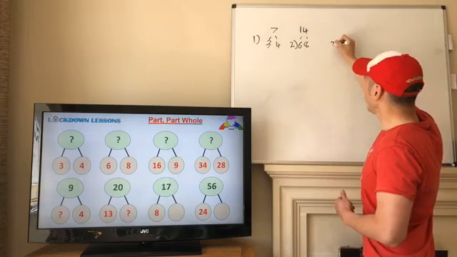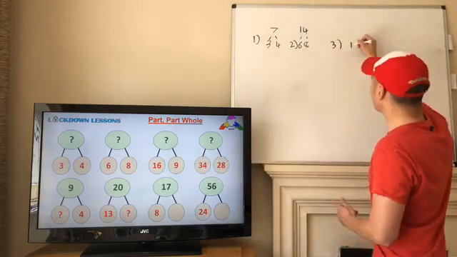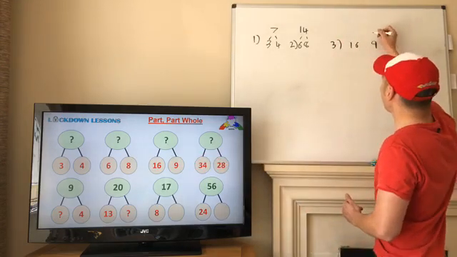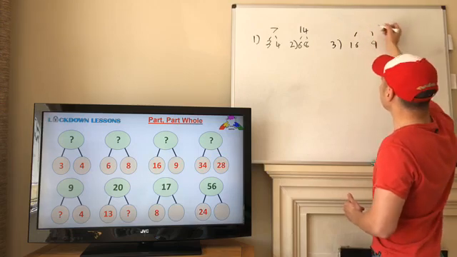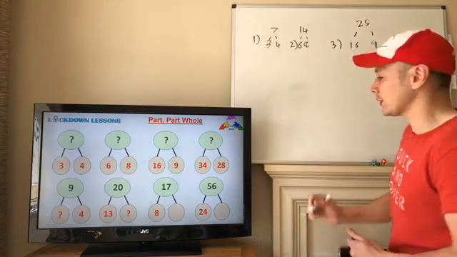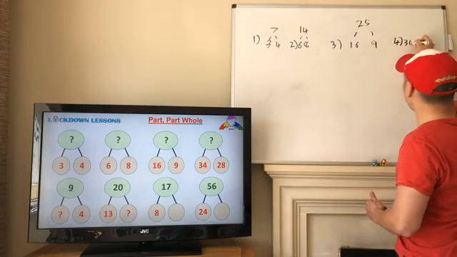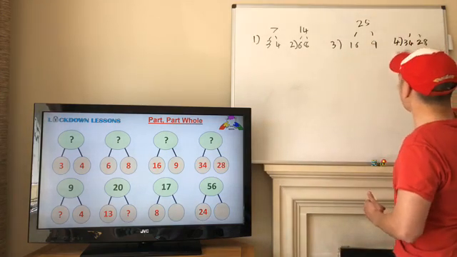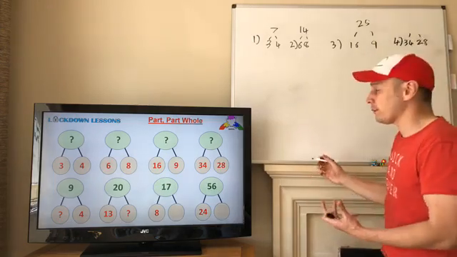Question 3. Going across here, we've got 16 and 9 at the bottom, a bit trickier to add together. 16 and 9 gives you 25. And then 4 is when it gets quite challenging, with 34 and 28. So to add those together, you could use different methods.